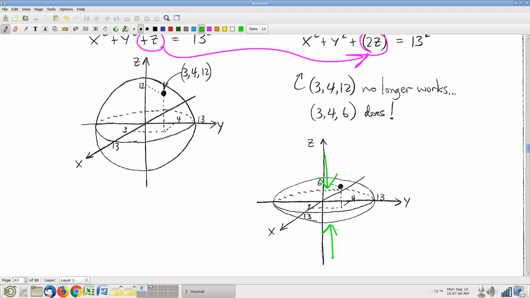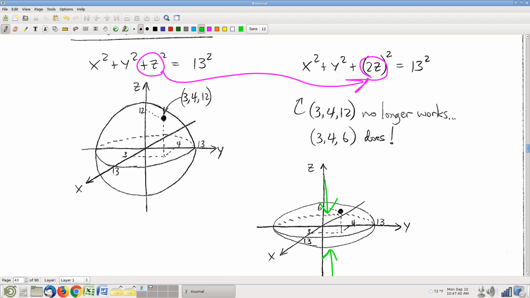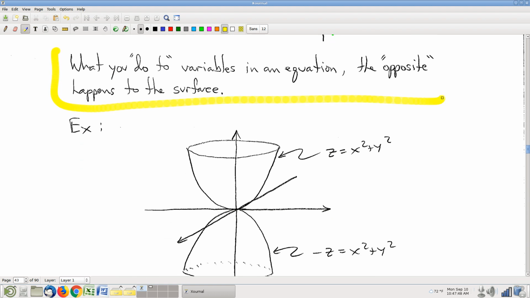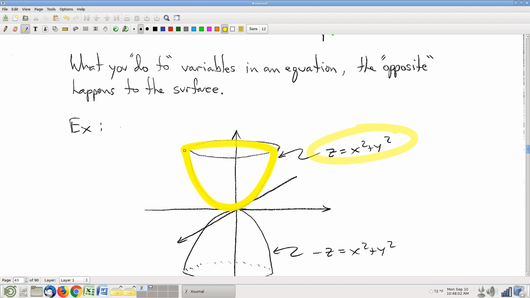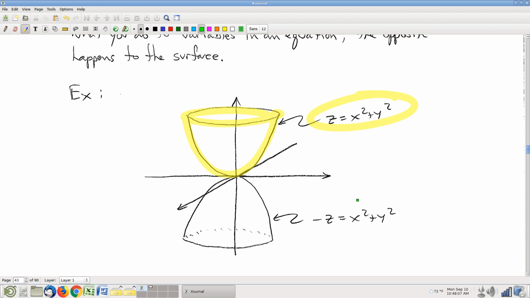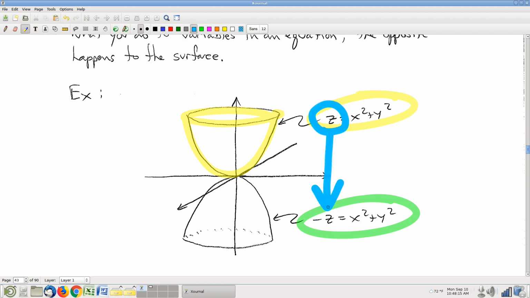So this is an example of a general rule of, as you manipulate algebra, how do the equations get manipulated? And the general rule is whatever you do to the variables in the equation, the opposite happens to the surface. Okay, so for example, we've already discussed that this is that guy, right? So what can I conclude about this? Well, what I've done here is replaced, in this equation, z with minus z.